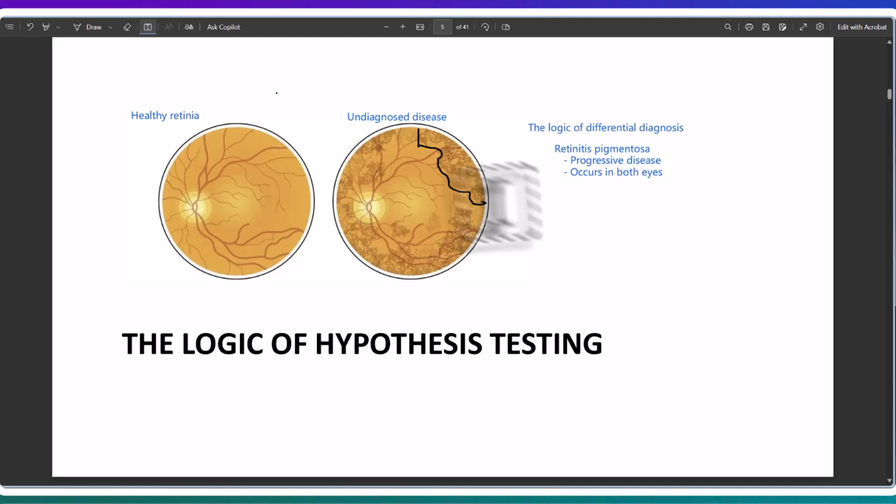And so with my wife, if you were to look at her retina, I keep saying cornea, but her retina, you would see pigmentation right about here. That pigmentation developed when she was a teenager.